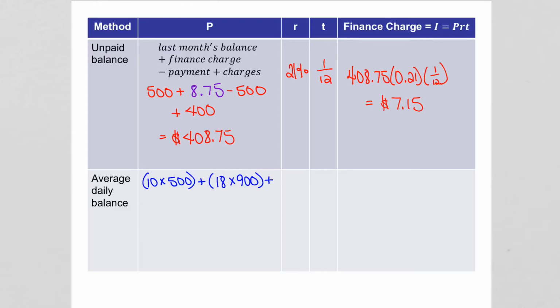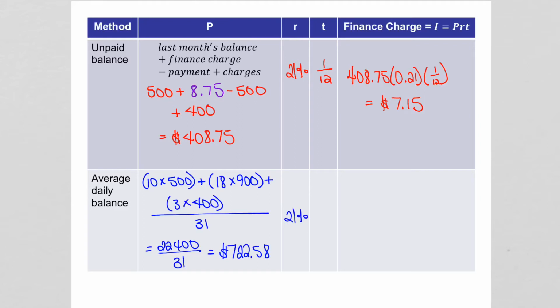That's 18 days. Then for the last 3 days after you've made your payment, your balance is $400. And we divide that after we add by the number of days in the month. So that's 22,400 divided by 31, or 722.58.